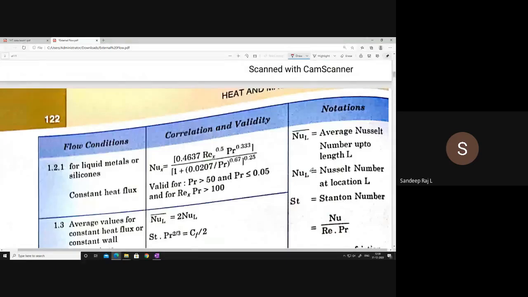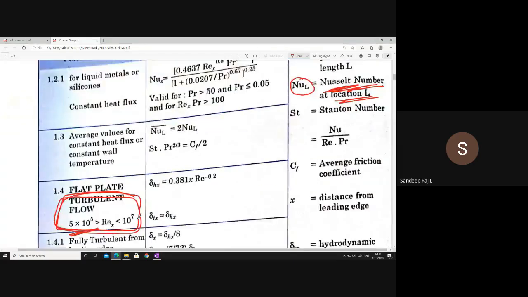See here, NU, if you are writing it simply, it is up to location L. If it is written NU bar, it will represent the average. So if you want to go for the average value here, NU bar is 2 times NUL.